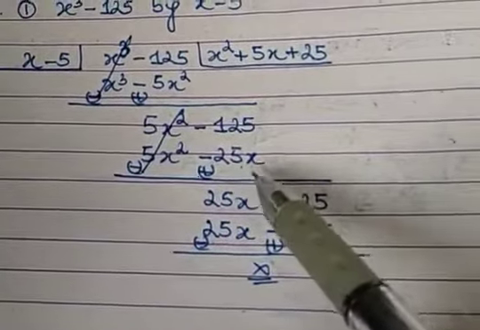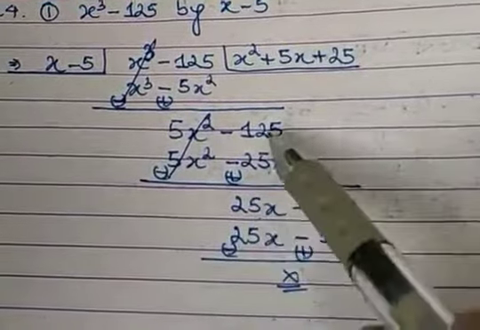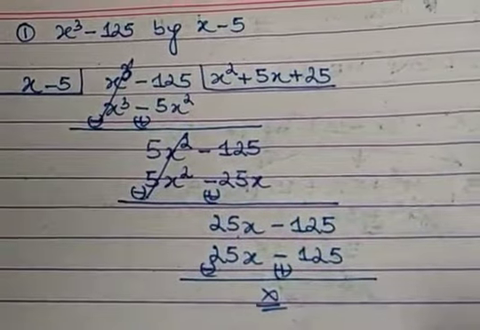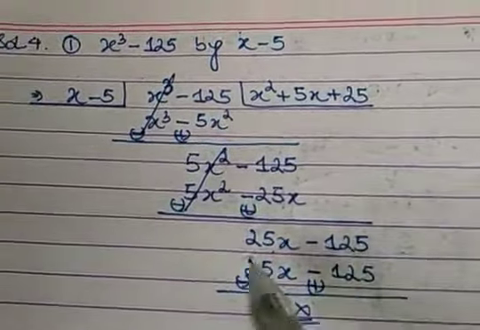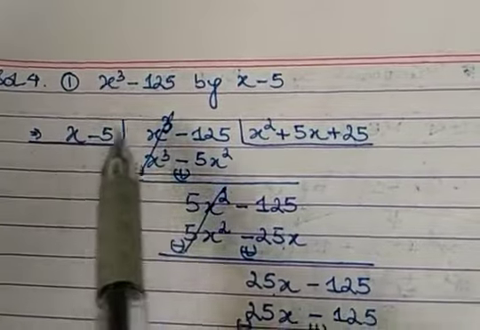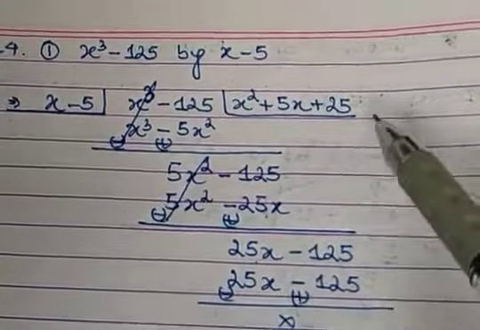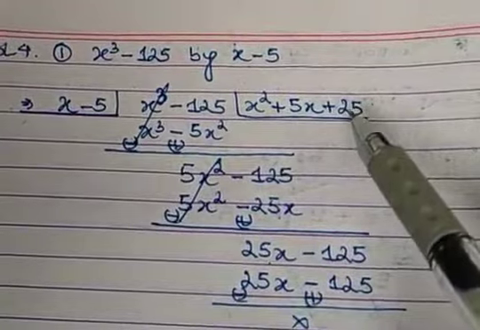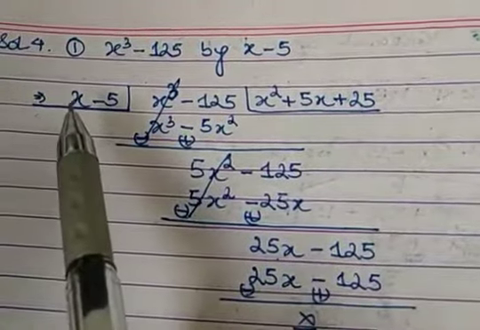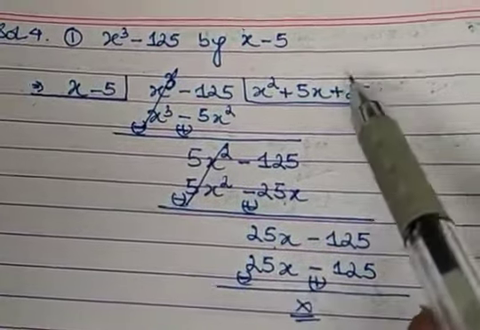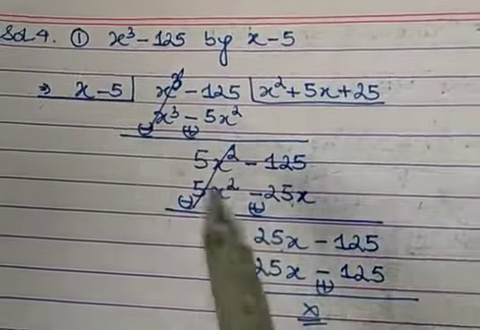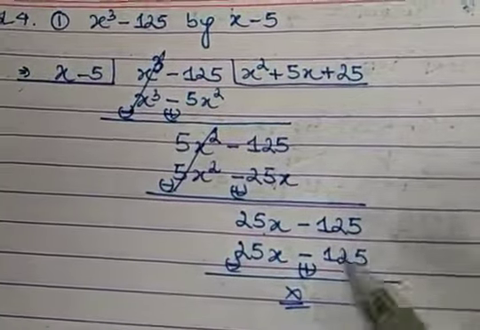Again both the terms will drop, so plus 25x minus 125. Now again what should I multiply with x to get 25x? It's simple, plus 25. So plus 25 into x, 25x, plus 25 into minus 5, it is minus 125.